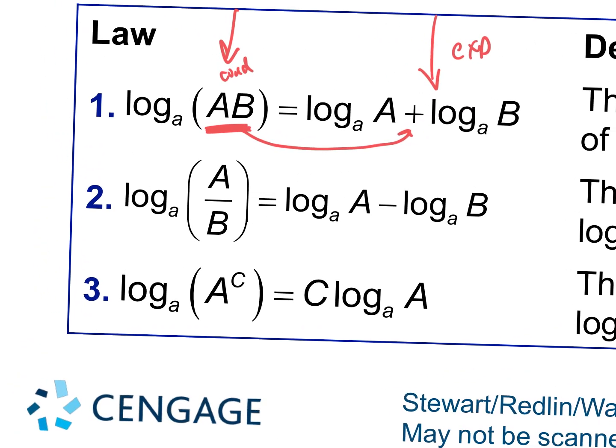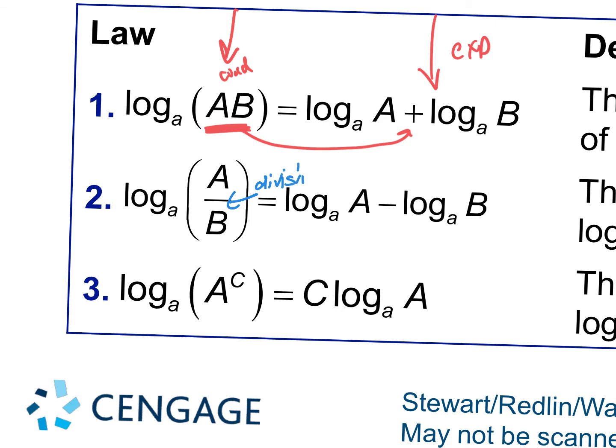All right, we're going to practice this with numbers and stuff. It's going to make it easier. But look at the next example. What is right here? Division, right? This says log base A of A divided by B. Well, when I pull it apart, division goes with what? Subtraction. So each piece, each term gets its own log, and the division sign becomes a subtraction.